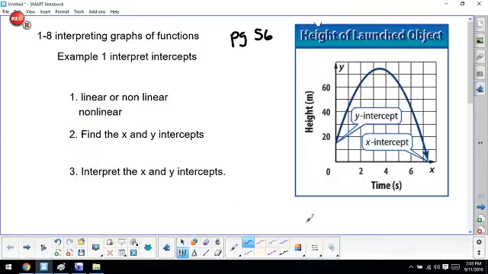Now, the x and y intercept should be relatively simple to find, because if we look on the graph, wherever the line or the graph itself touches either the x or the y axis, that would be the intercept. So for the y, the graph itself touches the y right here at this point. So this is considered to be the y-intercept.